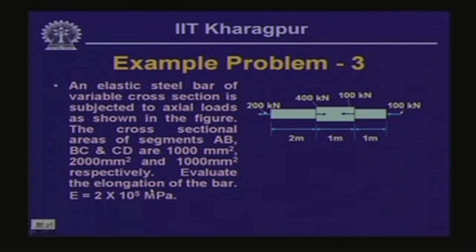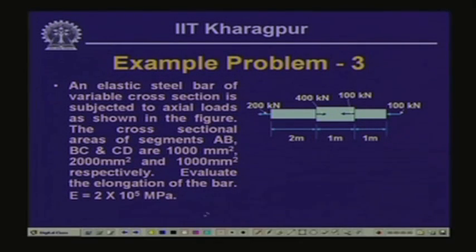Let us look into another example problem, and this is interesting because here we have an elastic bar, the bar is within the elastic limit, and it has a variable cross section. The bar cross section is not uniform as in the previous case.